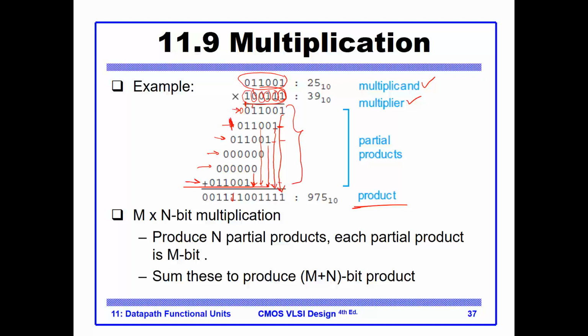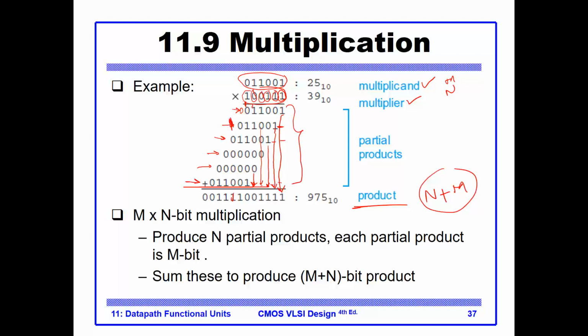Now, this is basically the multiplication. If we have a multiplicand of n bits and a multiplier of m bits, the product will be of width n plus m.